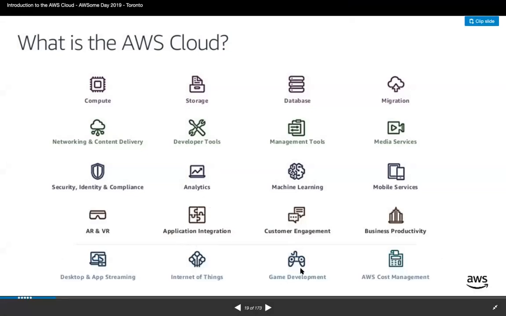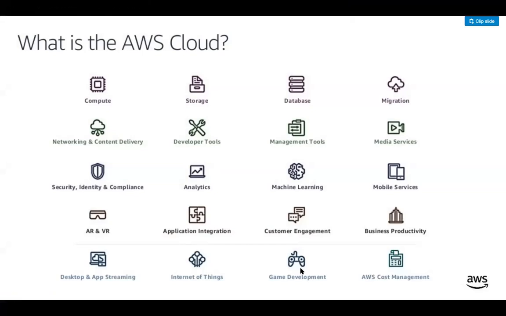Game development, you can build games on AWS. You can build robots on AWS. When I say robots, virtual robots. Even physical robots are there in AWS. I'll give you another example: there's something called Deep Racer in AWS. Deep Racer is a small miniature car which is powered by AI/ML.